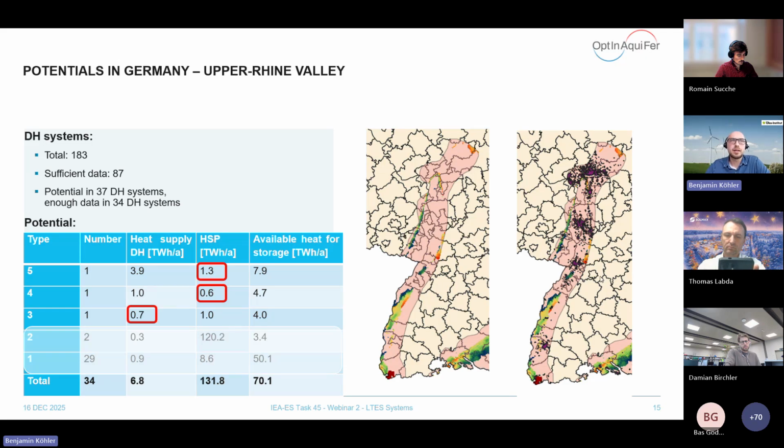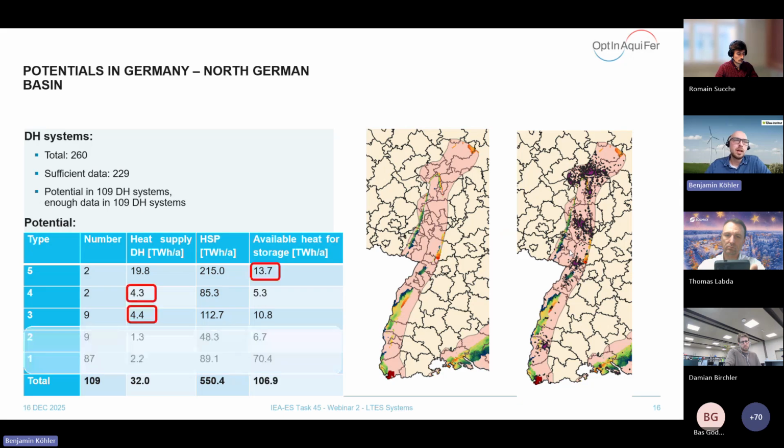Just for one case, it's the heat supply to the district heating system, which is lower than the heat storage potential in the underground. In the North German Basin, we identified more than 100 systems with suitable conditions above and underground. In these cases, the storage potential is much higher than the heat supply to the district heating systems and the available heat for storage.